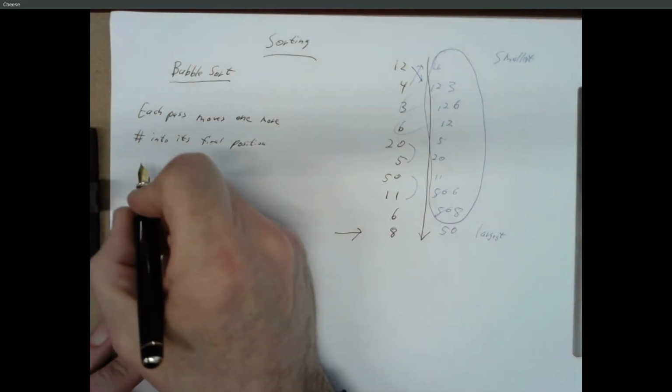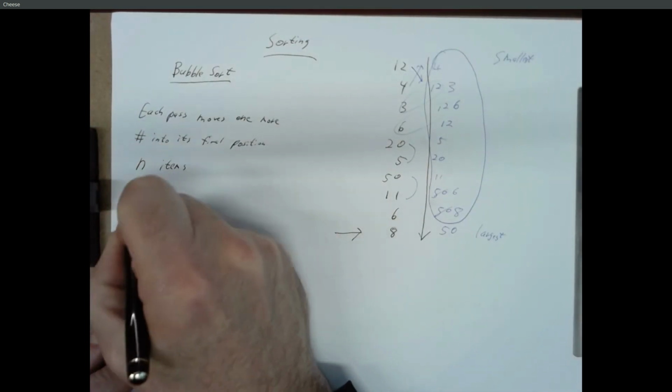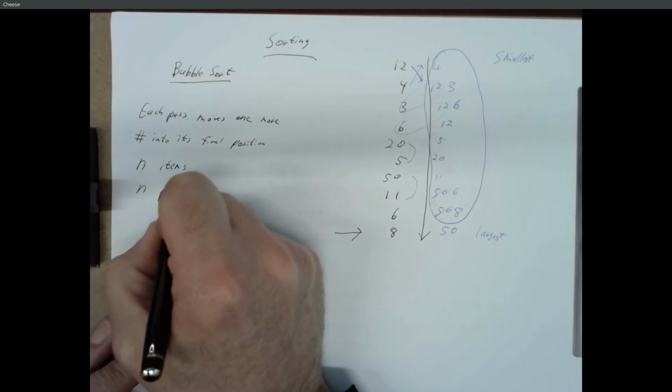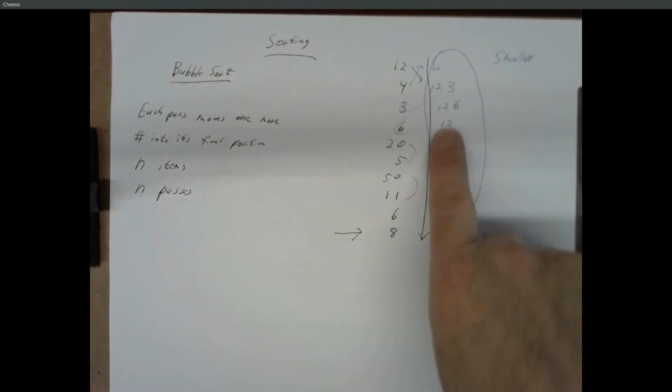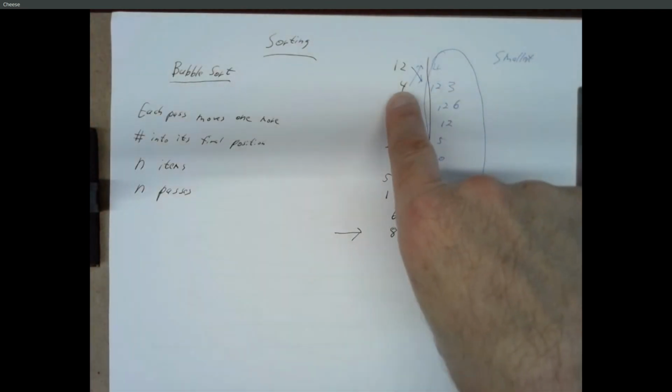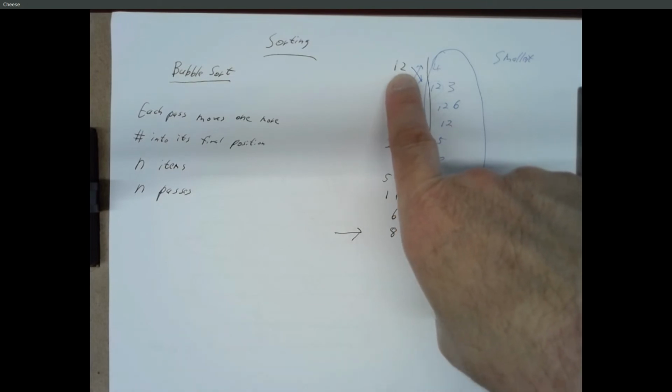So if you have n items, if we make n passes, we should be fine. It's actually n minus 1, because once we've got everything up through and including the second number in the correct spot, we know the first number is in the correct spot automatically. But we can make extra passes.